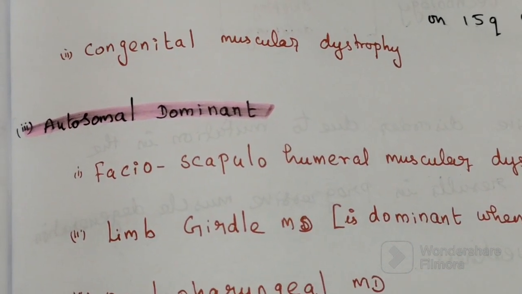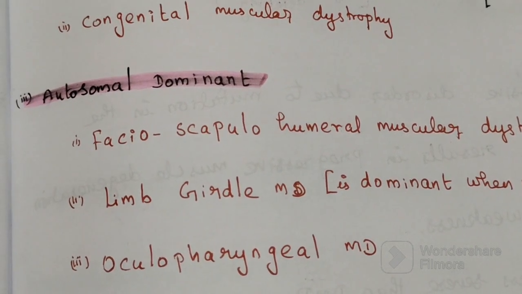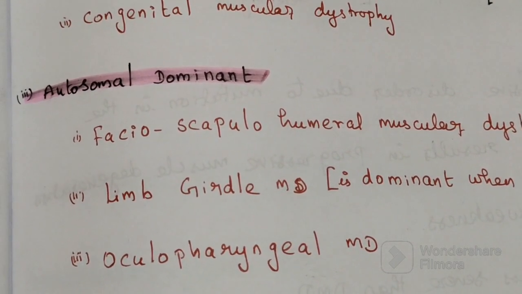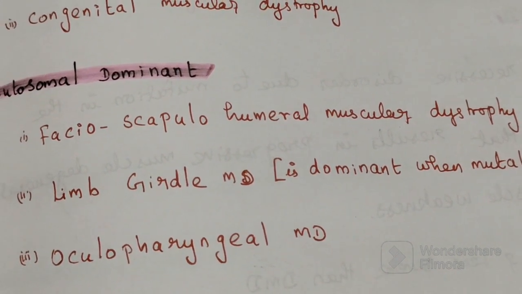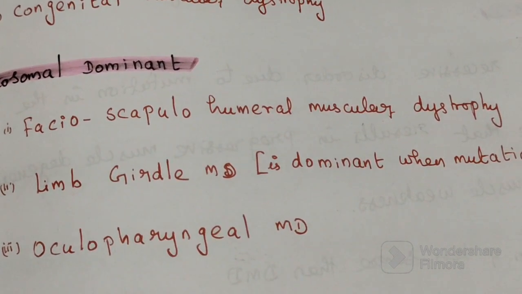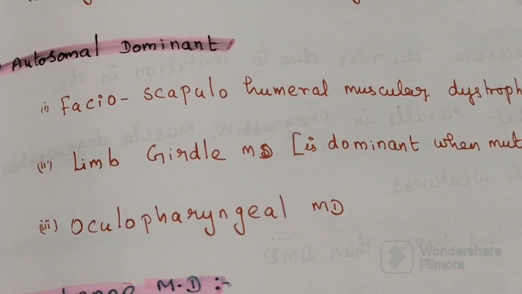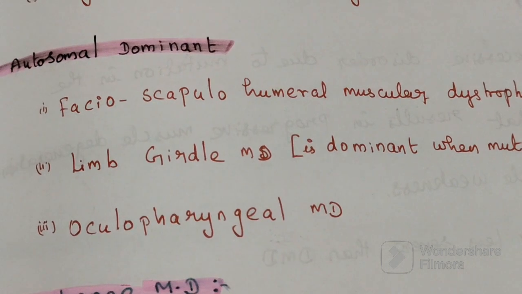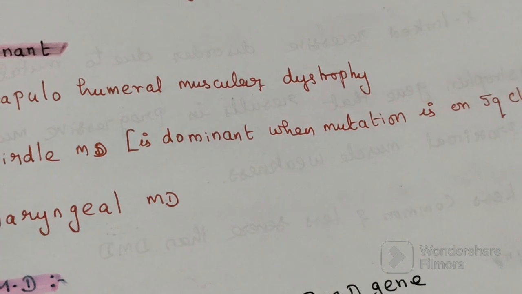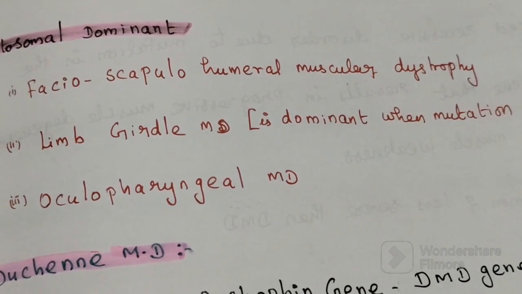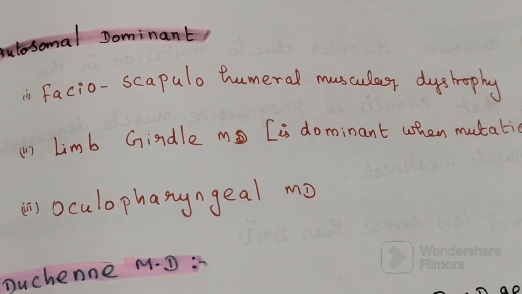Third one is autosomal dominant. In this one we have facioscapulohumeral muscular dystrophy, limb-girdle muscular dystrophy, with a mutation on chromosome 5q, and then oculopharyngeal muscular dystrophy.